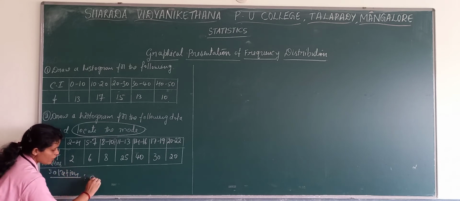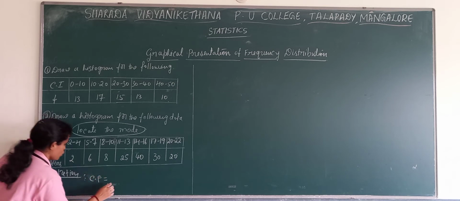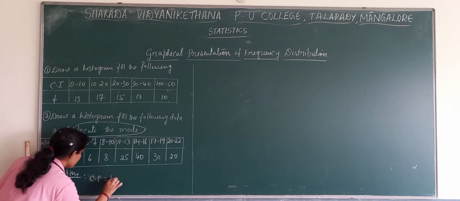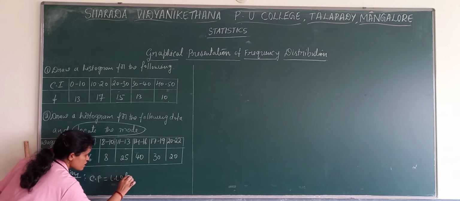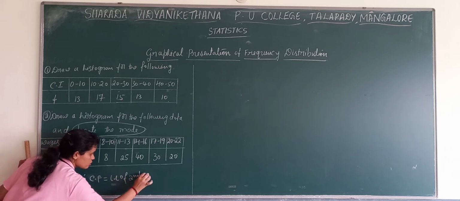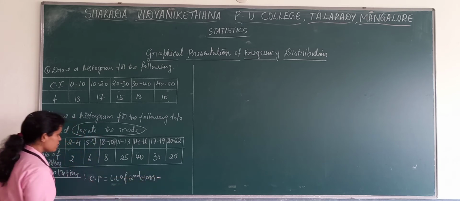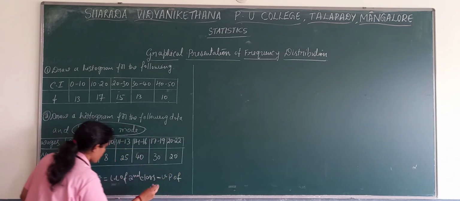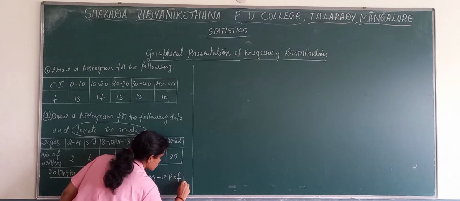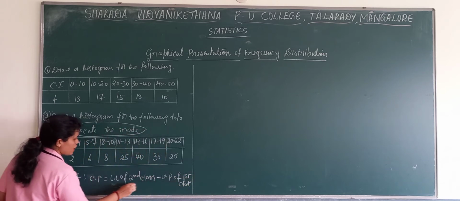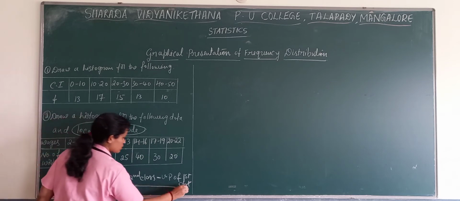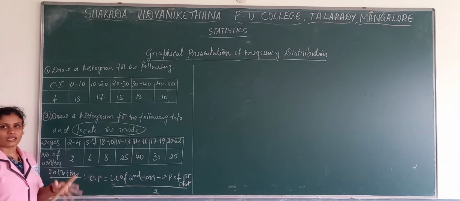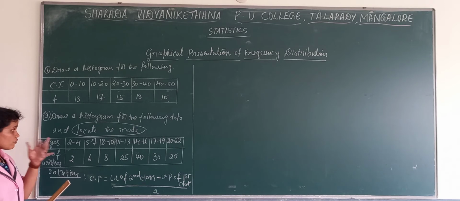Correction factor is equal to the lower limit of the second class minus the upper limit of the first class, divided by 2.